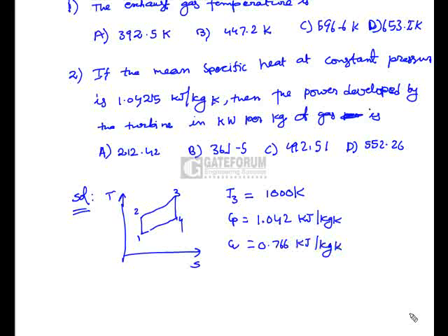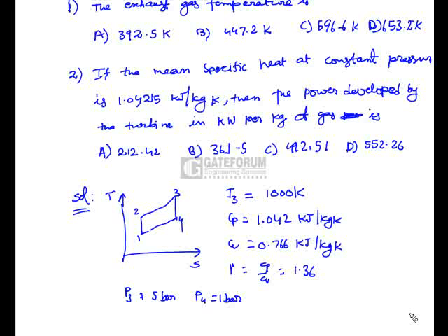So the ratio of specific heats, indicated by gamma or n, is Cp by Cv, which is equal to 1.36. The gas expands adiabatically from 3 to 4. We know the pressures at 3 and 4: P3 is 5 bar and P4 is 1 bar.